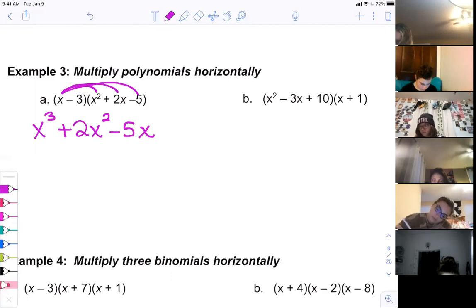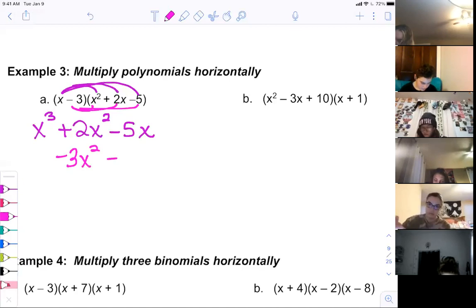And then, Valerio, if we take the second value, the -3, what do you get when you multiply those together? -3x squared minus 6x plus 15. Nice job. Now, I'm going to line mine up vertically.